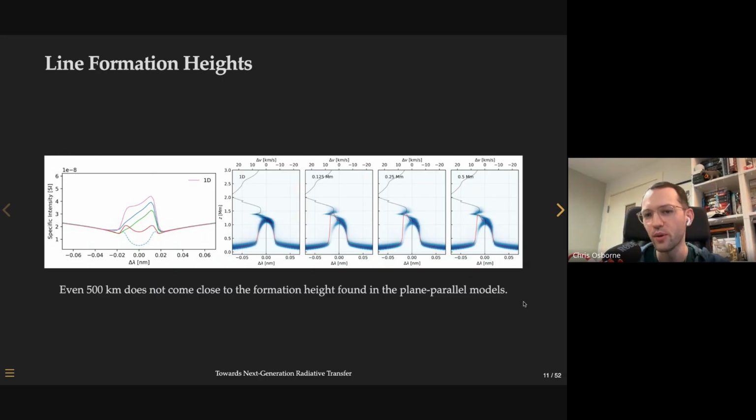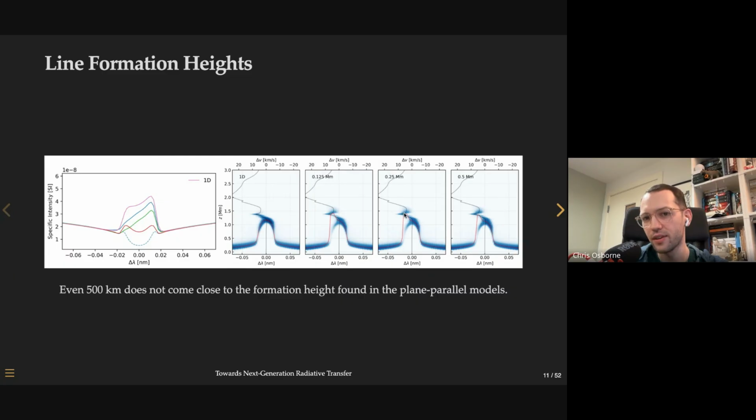Okay, so we have tools to try and understand where this is coming from. So let's start with the contribution function, for instance. Well, in fact, really the more important thing in this case is just looking at the tau equals 1 surface for this particular line. So this is for the calcium 8542 line. And the tau equals 1 surface moves by several hundred kilometers. Up here, the tau equals 1 surface arrives at about 1.5 megameters in the model, and that's for the 125 kilometer kernel.